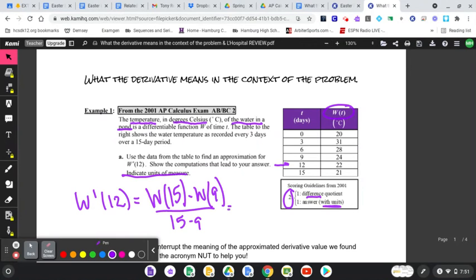The W of 15 gets me 21 minus 24, and here's where I'm writing those units down, degrees Celsius, divided by 15 minus 9, 6, and that represents days. So if I screw something up, I've already got those units written down, and I don't have to worry about it at the end. So I think that gives me a negative 3.6, which is obviously a negative 1/2 degrees Celsius per day.